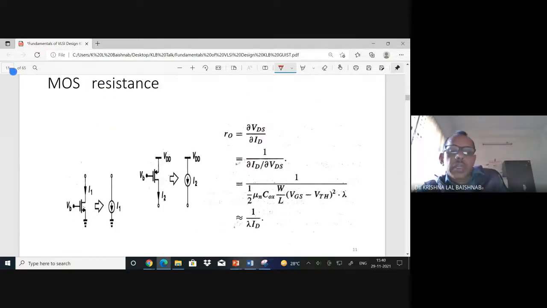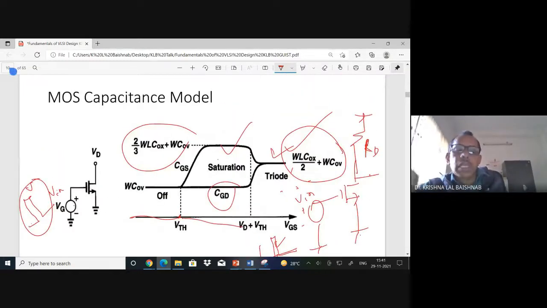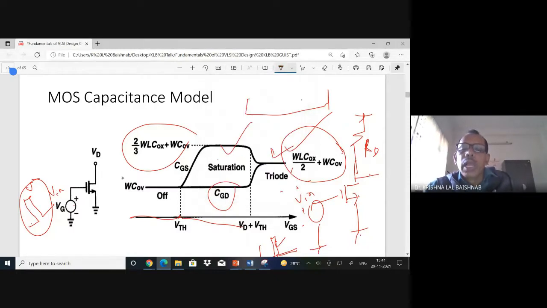Now, very important, I told you that MOS can be used as a resistance, and MOS can be used as a capacitance. In the case of MOS as a capacitance, what I do is, I'll take a different pen, it will look better. Here is the body, then I have a source, then a channel, then the drain, and this is my body.